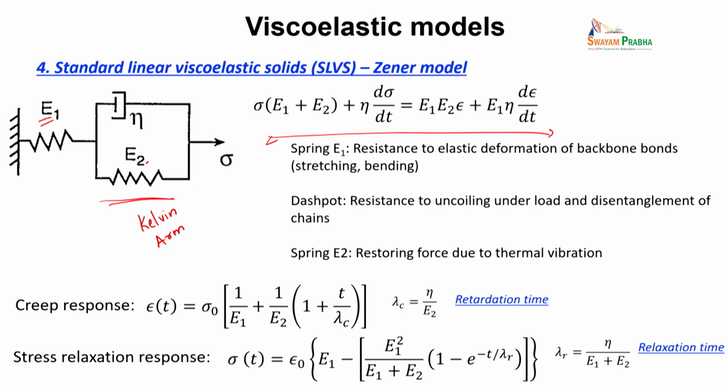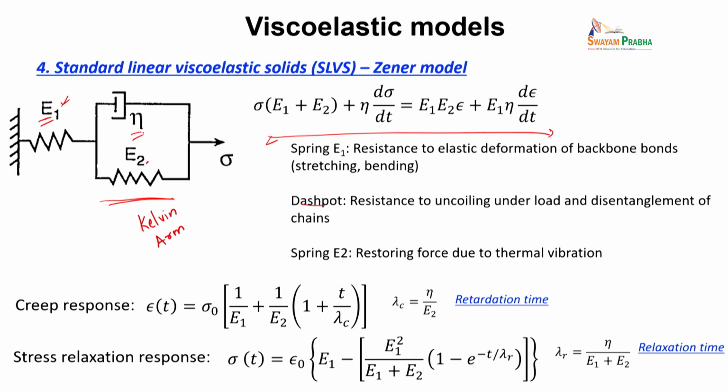All these, the spring E1, E2 and the dashpot, have some physical meaning. The spring E1 represents the resistance to bending of the backbone of the polymer chain. The polymer is made up of repeating units of monomer, and there is a backbone that can undergo a lot of twisting and bending motion, and how stiff those chains are is captured by the spring E1.